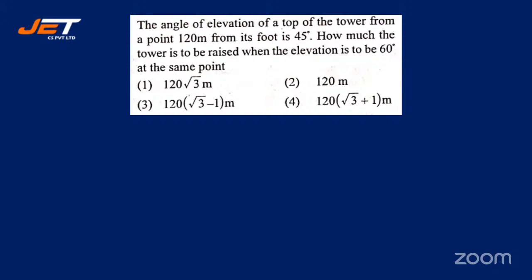All right. So here you can say that the angle of elevation of the top of a tower from the point 120 meters. So instead you can draw it like this. So 120 meters.